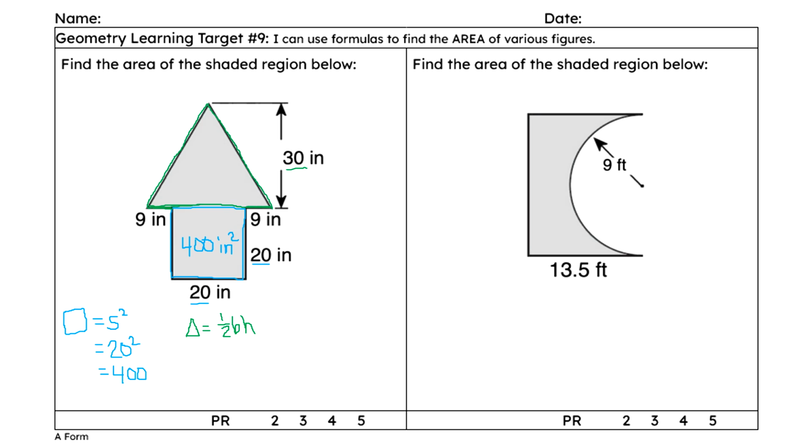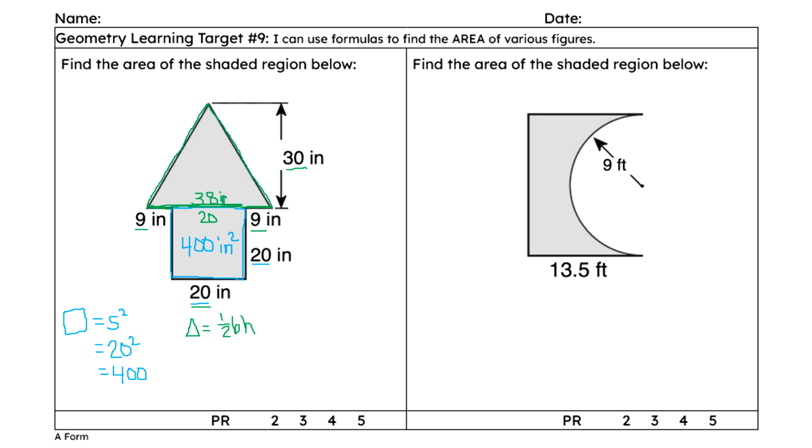But what is this distance in the middle to go all the way across? Well, that is in fact the 20 down here at the bottom. So all the way across, that's 20 plus the 2 9s right here. So that's going to be, and I'm always double checking my answers when I'm doing videos because I do arithmetic incorrectly sometimes, this is going to be 38 inches for the base, 38 inches.